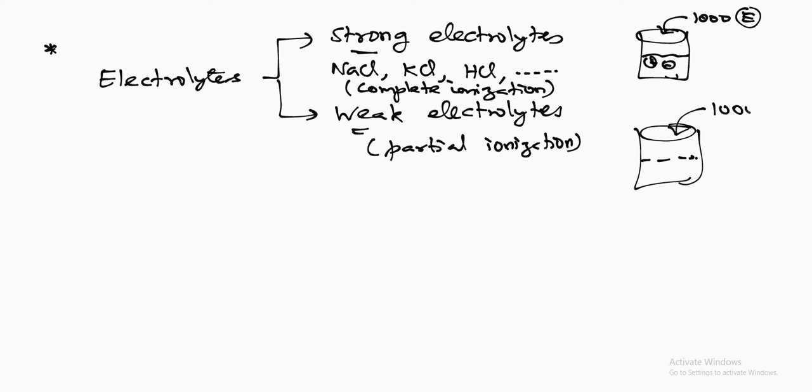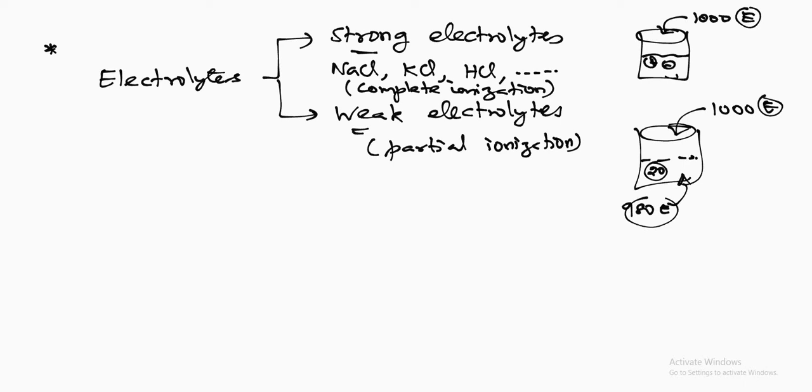Assume that out of 1000 molecules, say for example, 20 molecules dissociated and became ions. The remaining 980 molecules exist as electrolyte in the neutral form. We call that type of electrolyte a weak electrolyte because only a small number of molecules dissociated.